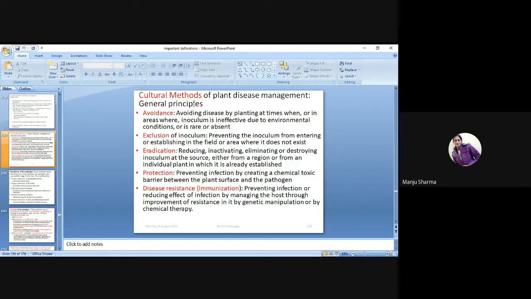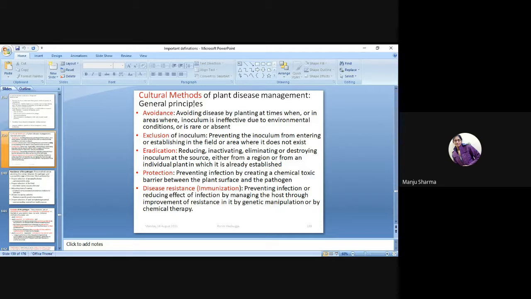So, let's come to avoidance. Avoiding disease by planting at times when or in areas where inoculum is ineffective due to environmental conditions or is rare or absent.